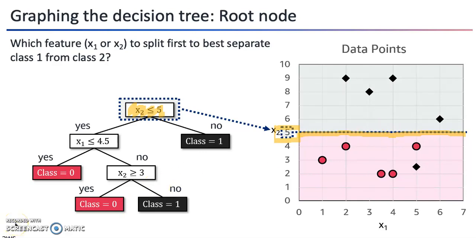Now, one observation is that these two sub-regions are such that the upper portion, which is displayed here with a shade in gray, contains points of the same categorical value. So all the points above the value of 5 in the vertical axis are all diamonds of color black, and that means that they are encoding the class that has the one of the two possible values.